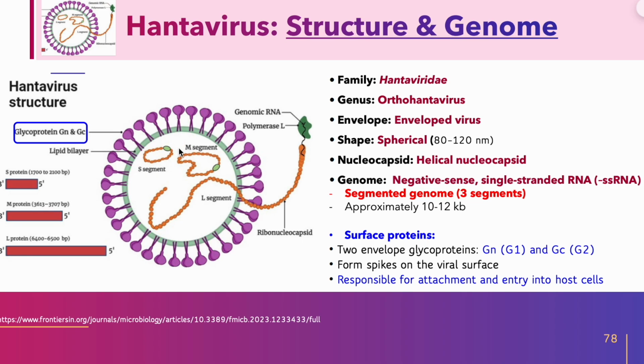S, M and L: small, medium and large. The surface proteins are Gn and Gc, which may be called G1 and G2. These are glycoproteins encoded in the envelope that form spikes on the viral surface, like other viruses, used for attachment and entry into the host cell.